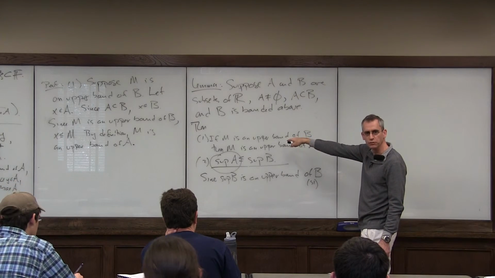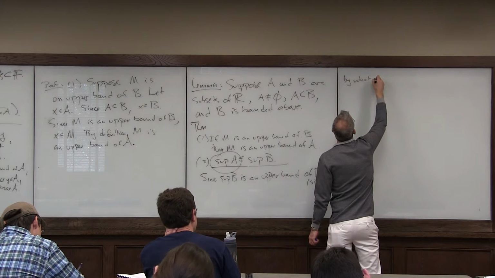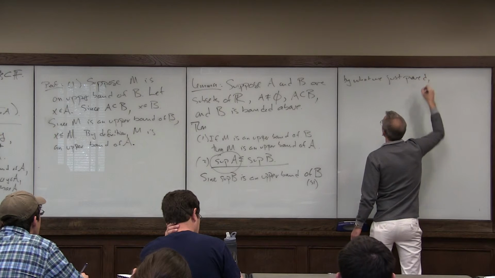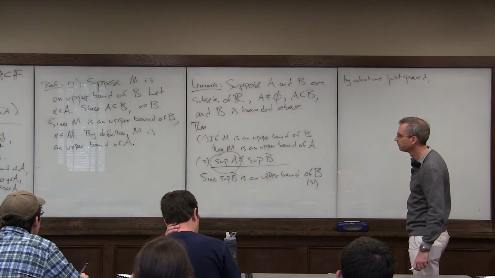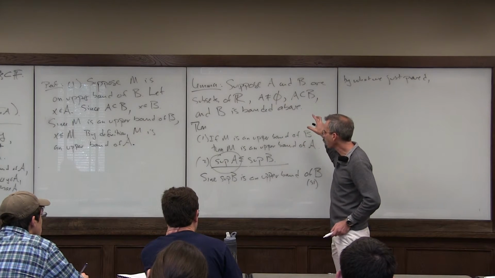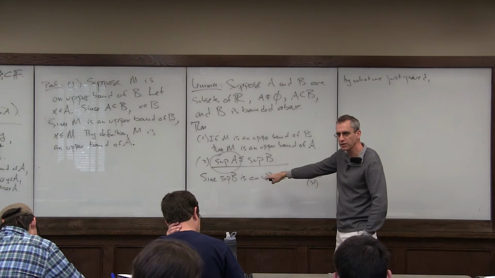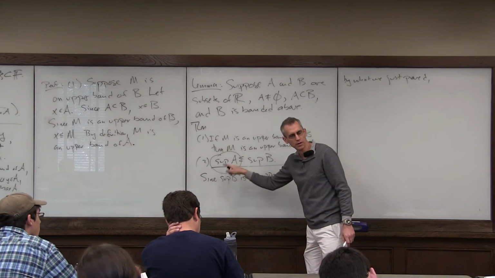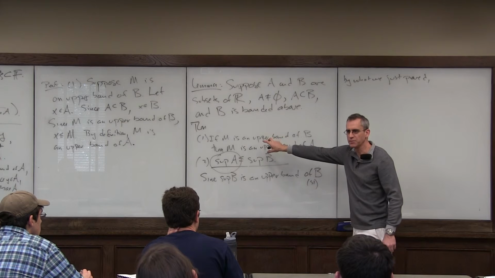By what we just proved, what do we know? If M is an upper bound of B, yes, we just proved that it's also an upper bound of A. Now, we're not dealing with M here anymore, right? We're dealing with sup B as our upper bound. So you can replace M in this statement here, right?